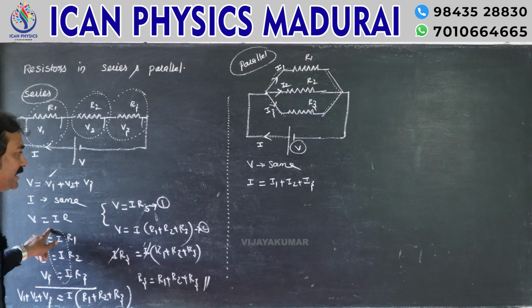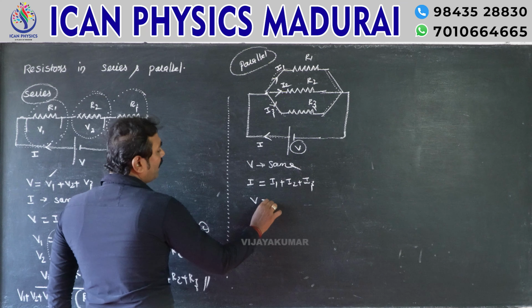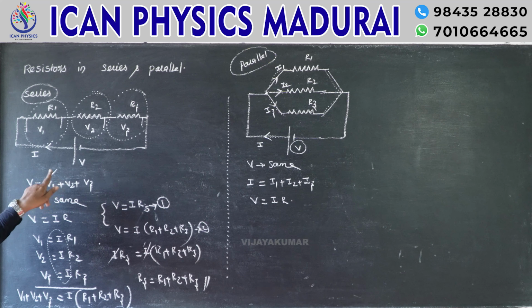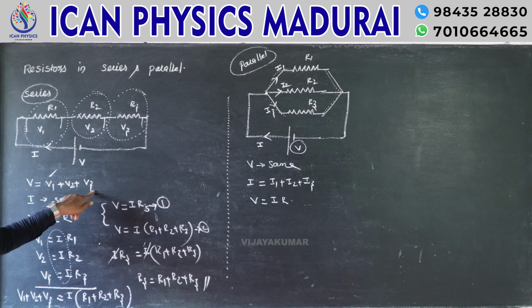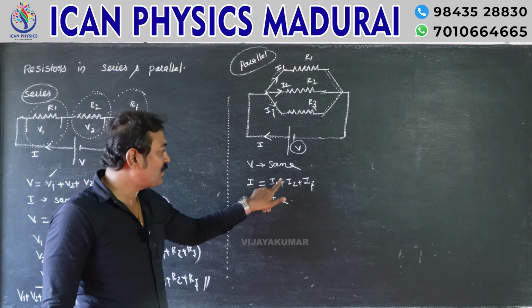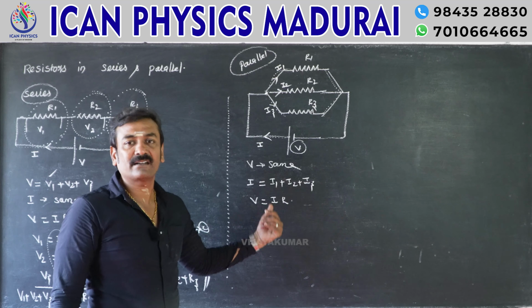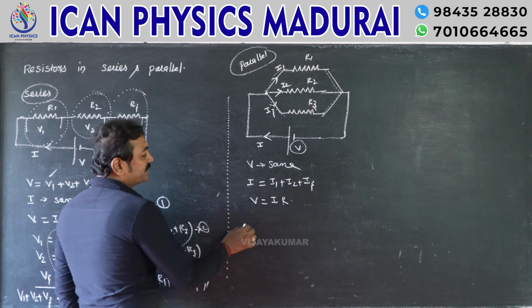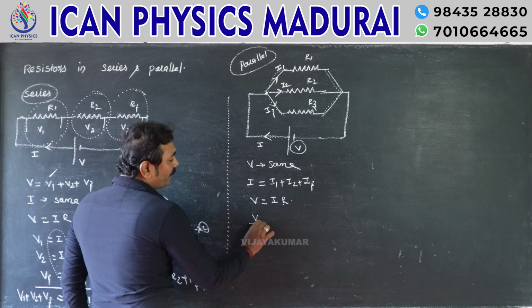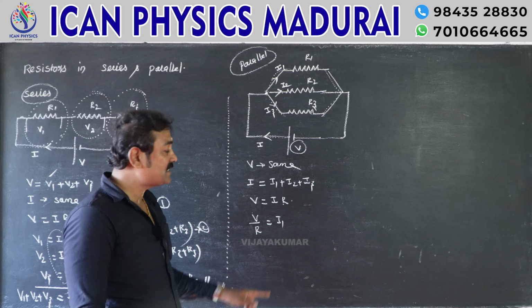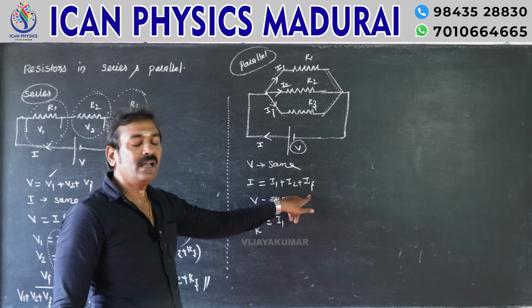We know that V equals IR. In the series case we had V1, V2, V3 and calculated them. Like that, here we have I1, I2, I3, and then we can calculate the value of I. The multiplication R comes over here as division by R, so V by R equals I. We are going to calculate I1, I2 and I3.